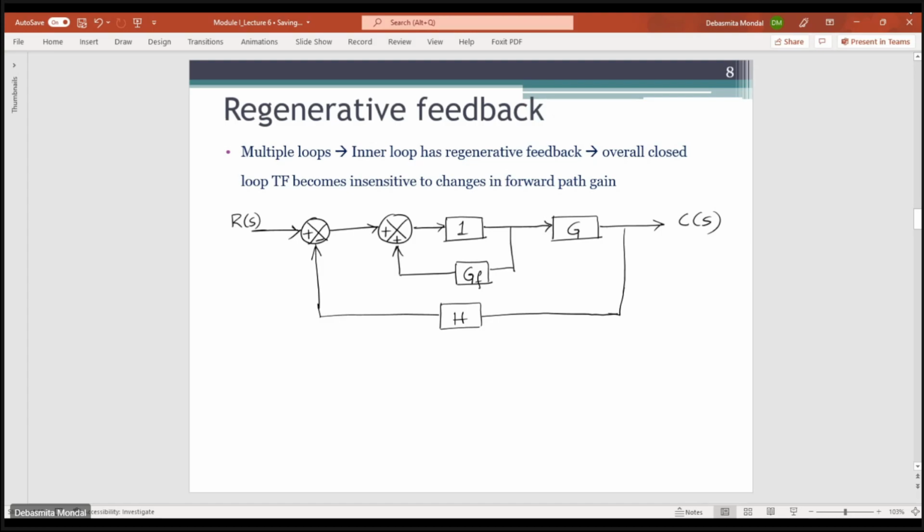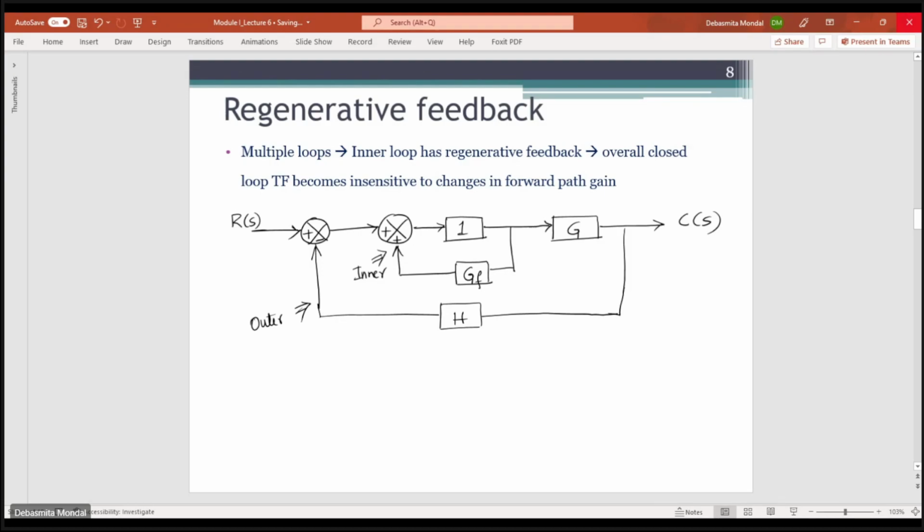This one is the inner loop, and the outside one is the outer loop. So this is a multiple loop kind of system. The inner loop has a positive feedback because it is going to the plus.